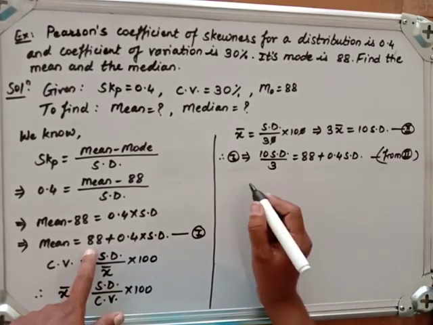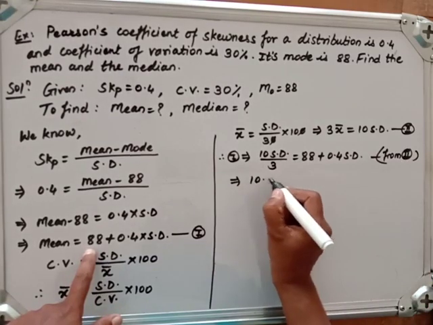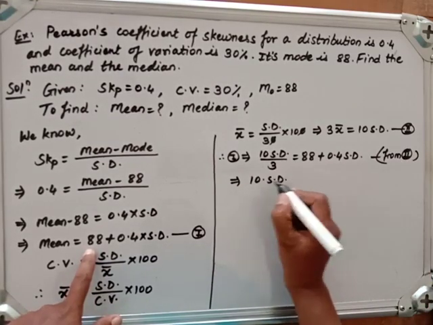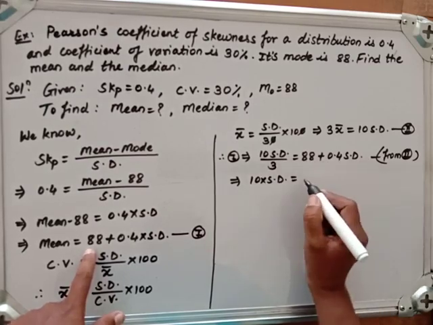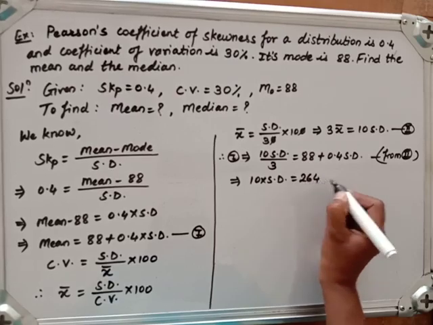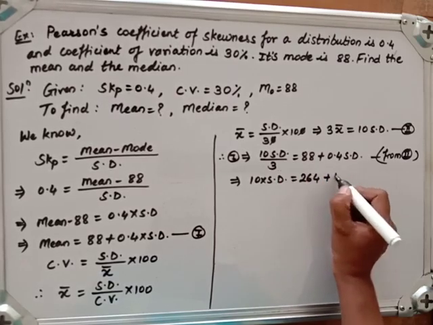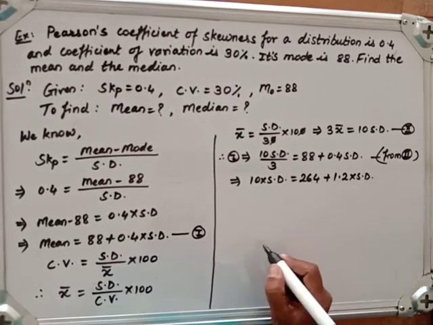So this will give us 10 times standard deviation equal to 3 times 88, which is 264, plus 1.2 times standard deviation.